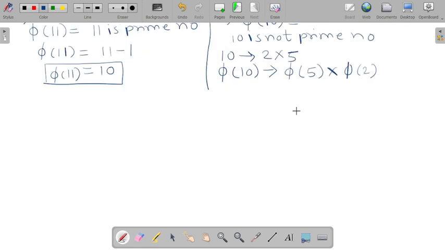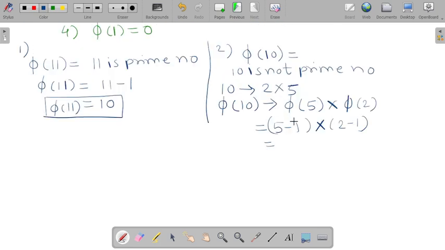Here we can apply the rule for phi of p. So phi of p is 5 minus 1 into 2 minus 1. 5 minus 1 is 4 and 2 minus 1 is 1. So 4 into 1 is equal to 4. So the answer for phi of 10 is equal to 4.